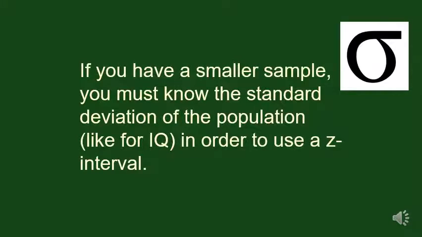If you wanted to use z with a smaller sample, what you have to know is the standard deviation of the population. Sometimes we do know that, like we knew, for instance, that the standard deviation for IQ is always 15. But there's a lot of times you don't know that, and in order to use z, you either have a big sample or you've got to know that sigma, that standard deviation for the population.